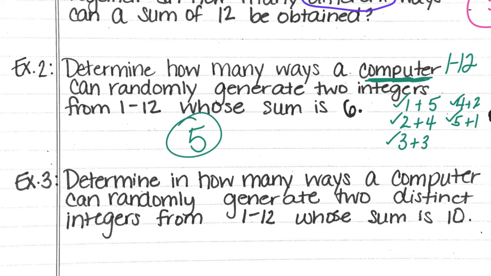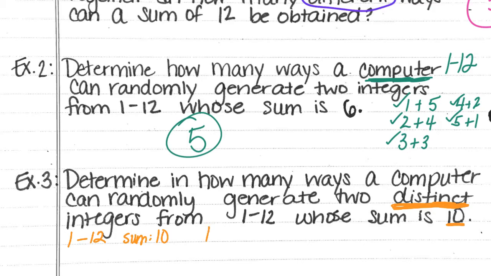All right, example 3. Determine in how many ways a computer can randomly generate 2 distinct integers from 1 to 12, whose sum is 10. So now we need to know what distinct means. Now we're looking for things that add up to be 10. We know we have numbers 1 through 12. We want the sum to be 10.